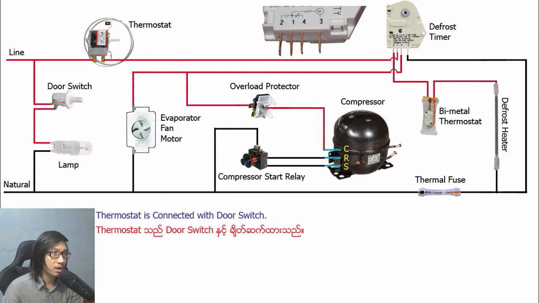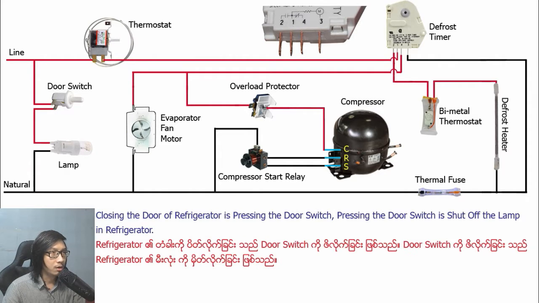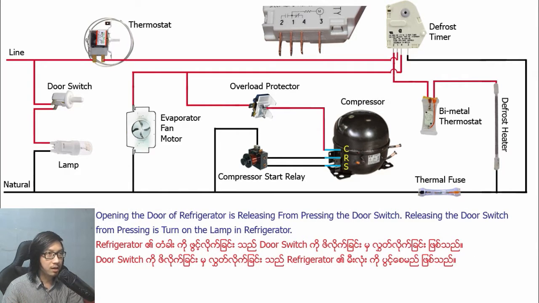The thermostat is connected with the door switch. Closing the door of the refrigerator is pressing the door switch. Pressing the door switch shuts off the lamp in the refrigerator. Opening the door of the refrigerator is releasing the door switch from pressing. Releasing the door switch turns on the lamp in the refrigerator.